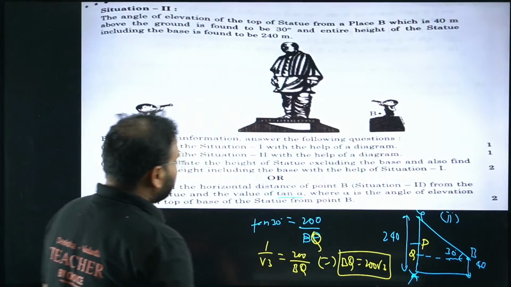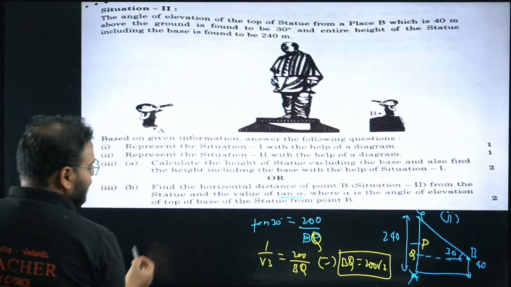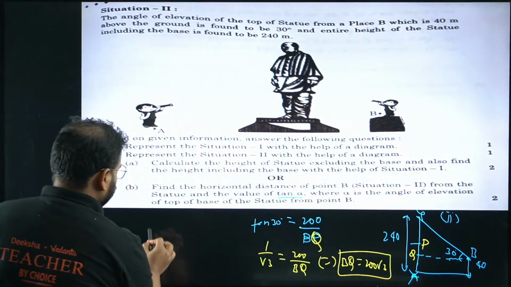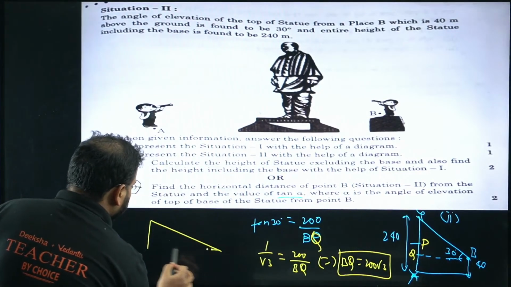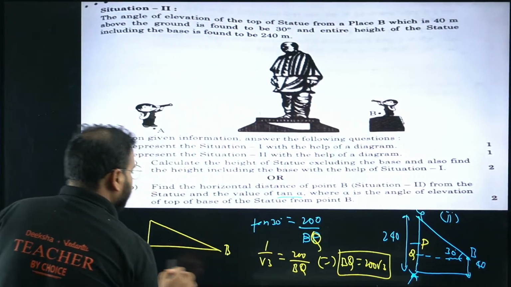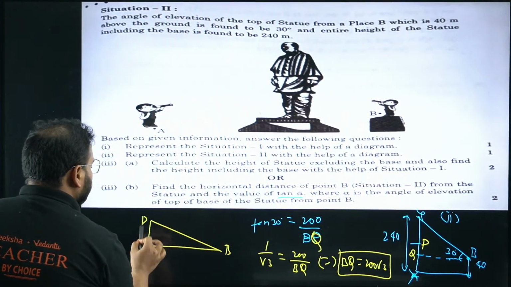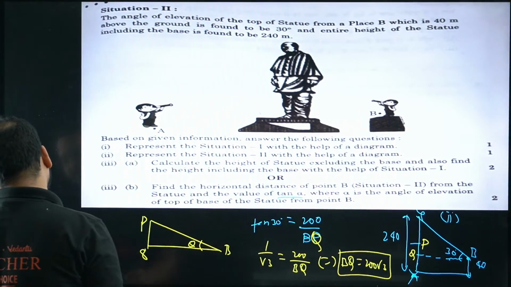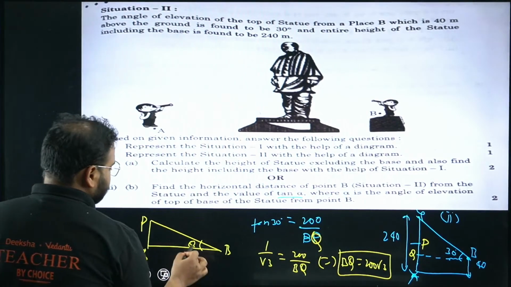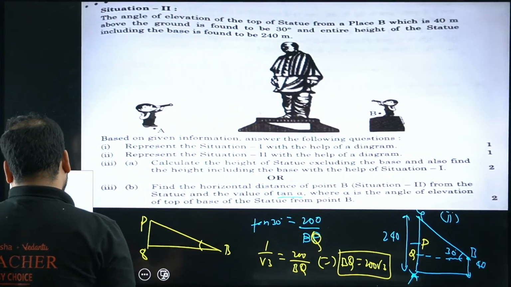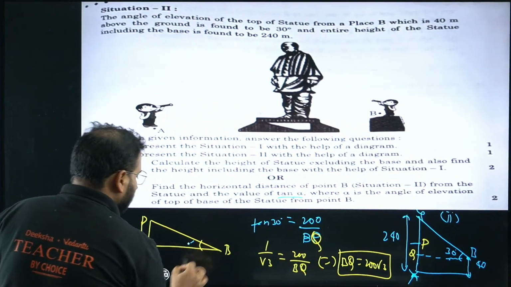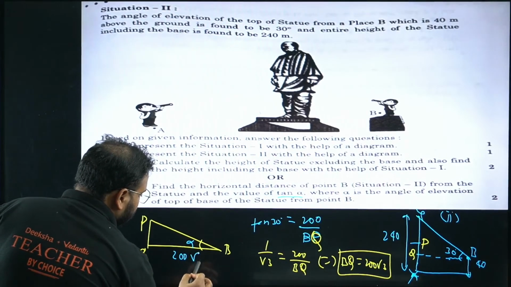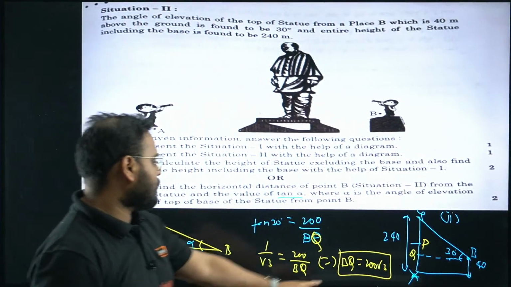Now how do you find tan alpha? Consider the small triangle BPQ. They have given the angle over here as alpha, and this side BQ is 200 root 3.